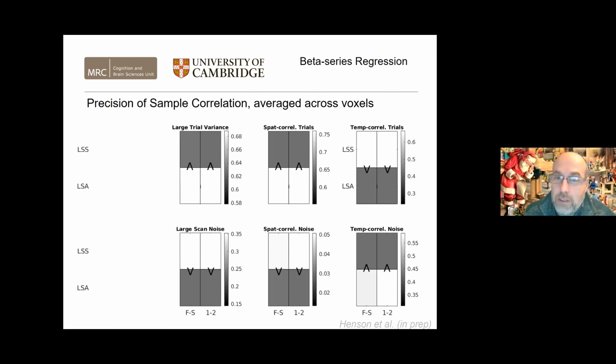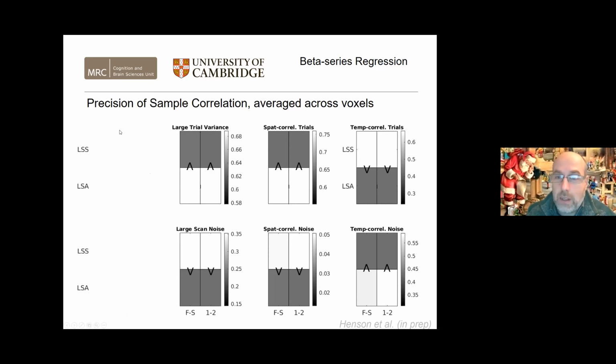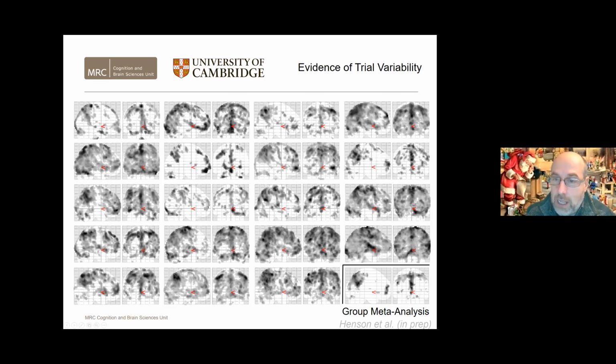And so these are the simulation results that I've shown you already. Let's add the results from 2 ROIs. So we took the fusiform face area because this is a paradigm with faces, so we know this responds generally to faces. And we took the posterior parietal cortex, which is this region here, which showed evidence of high trial-to-trial variability.